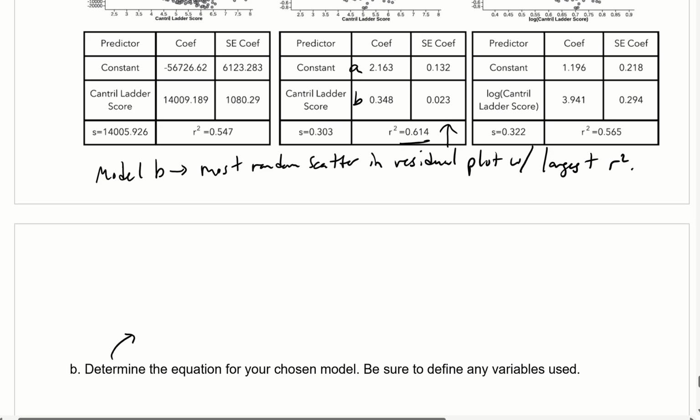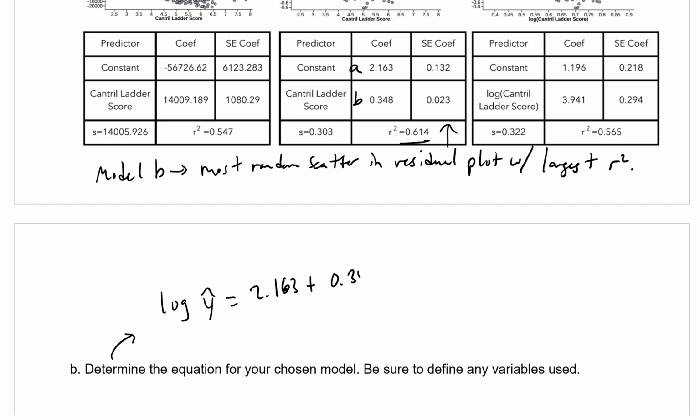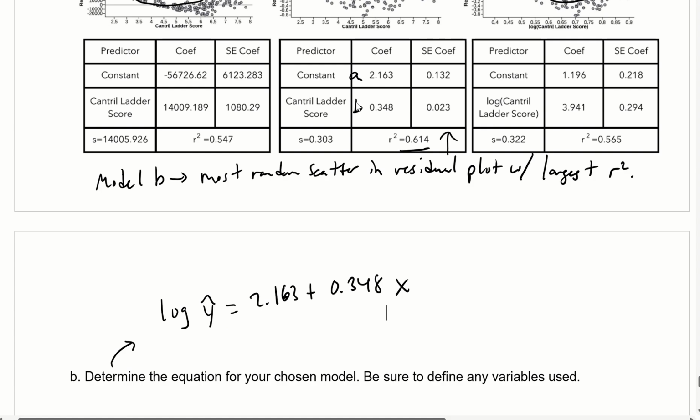So let me just write the equation here. So we got log of y hat equals a plus bx. I'm using x because of the Cantril ladder score. The Cantril ladder score is x. Now here, if I were to use this model, I would be using log x, okay?